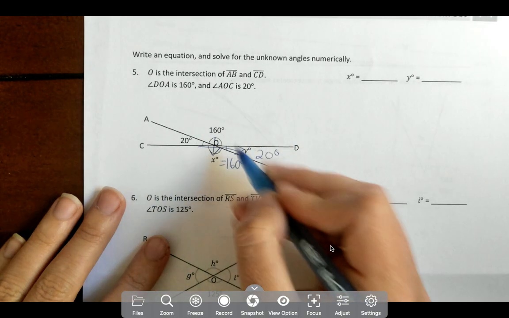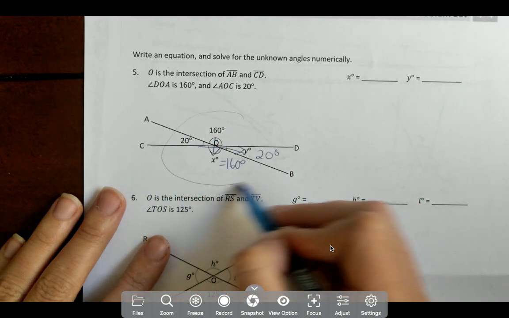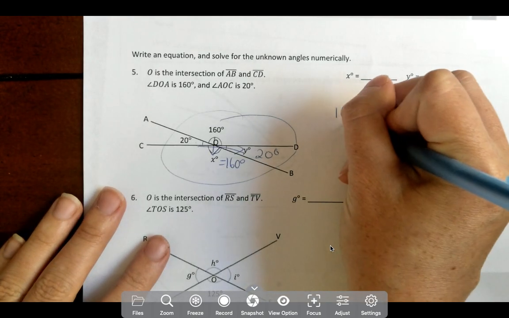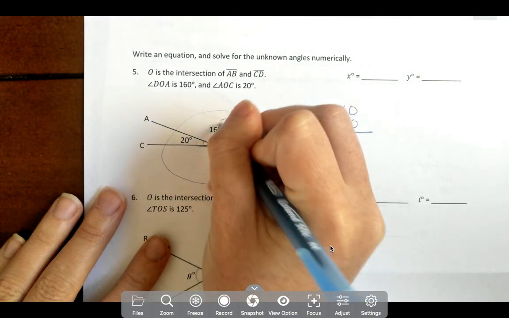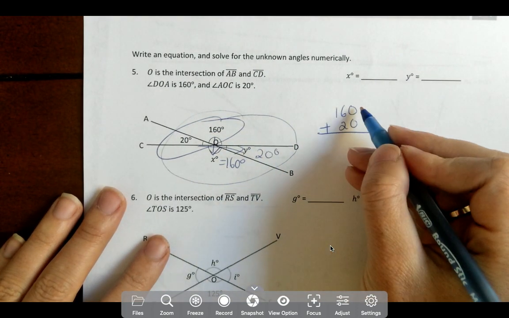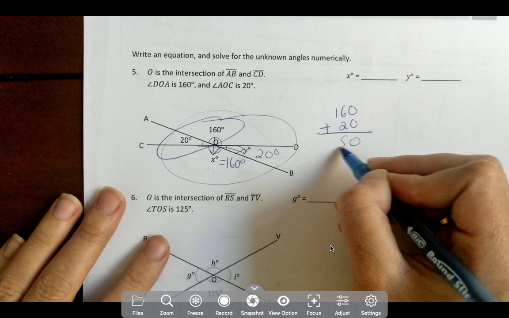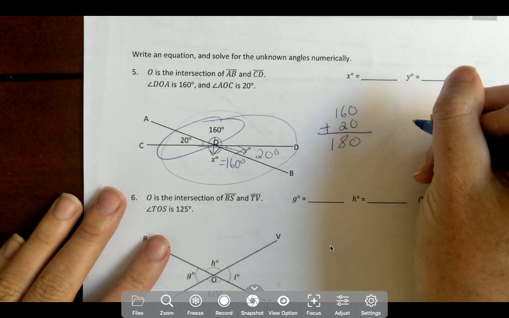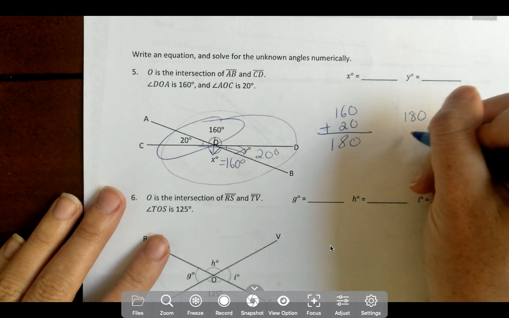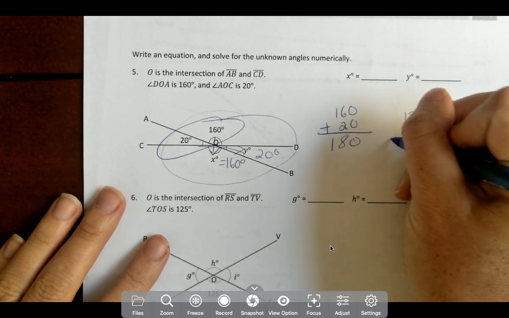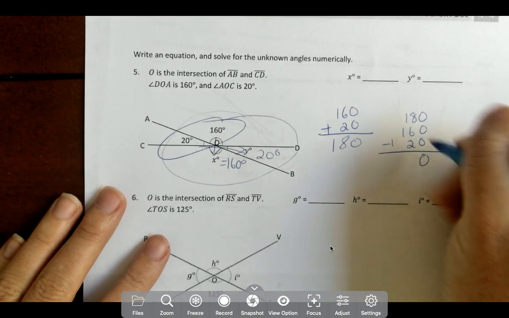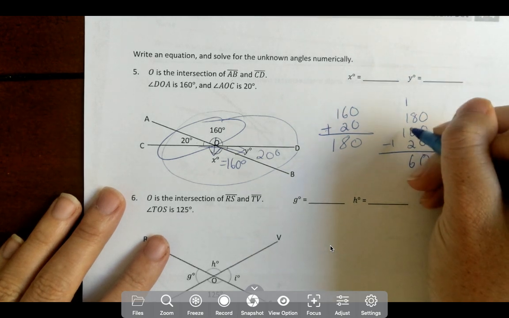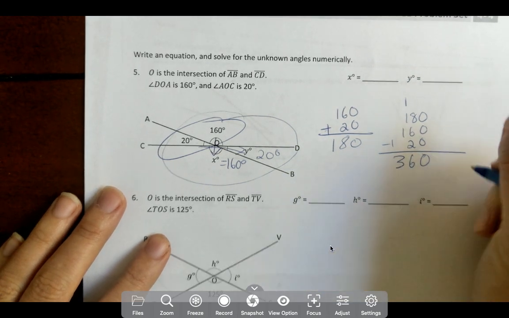And let me show you why that is true. If I add all of these up, it's going to equal 360. So let's try. I'm going to just add these two first. 0 plus 0 is 0. 6 plus 2 is 8. 1 plus 1 is 2. Then, if I add 180 to 160 and the other 20, I get 0. 8 plus 2 is 10, plus 6 is 16. 1 plus 1 plus 1 is 3. 360.